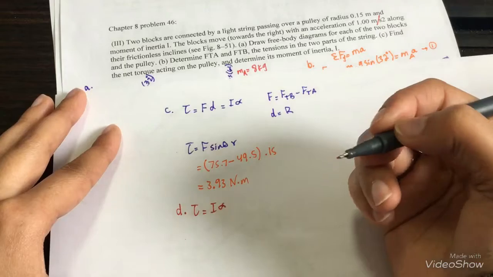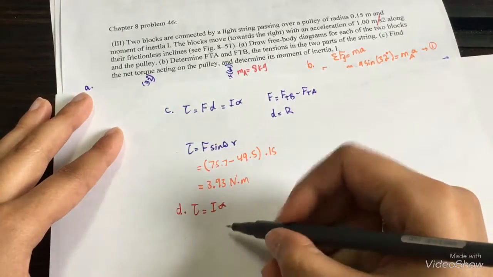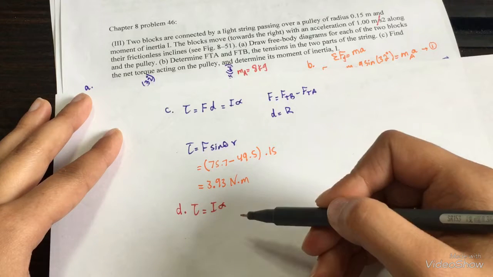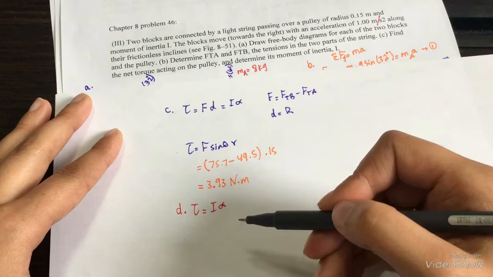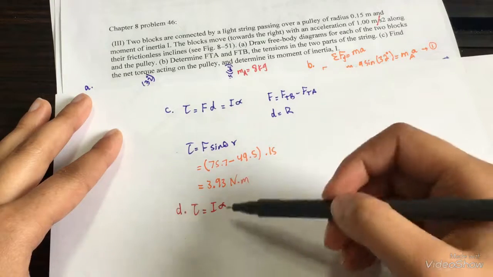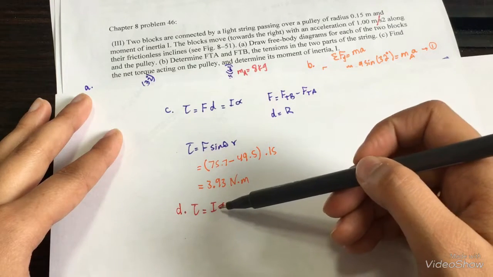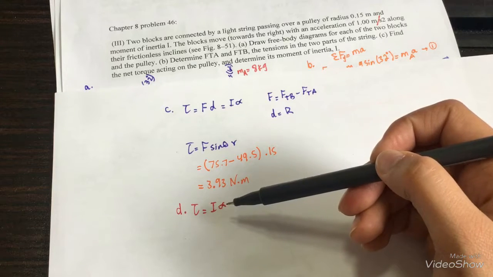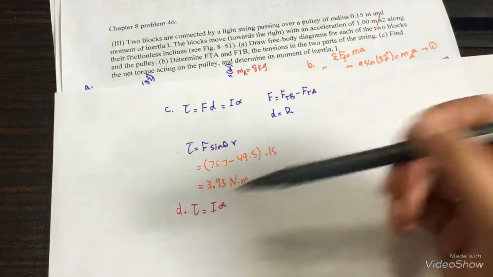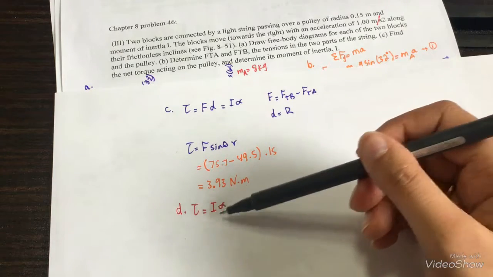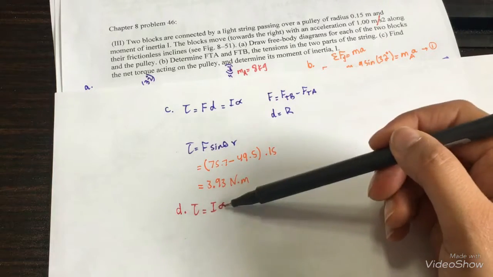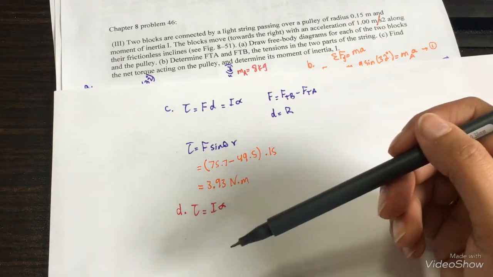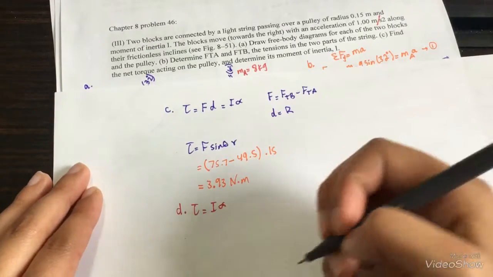Since we need to find the inertia, first we need to find alpha, because we already have the torque.